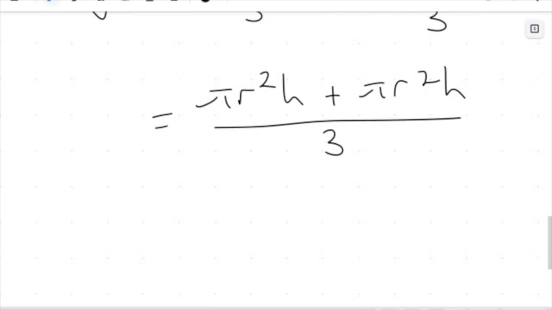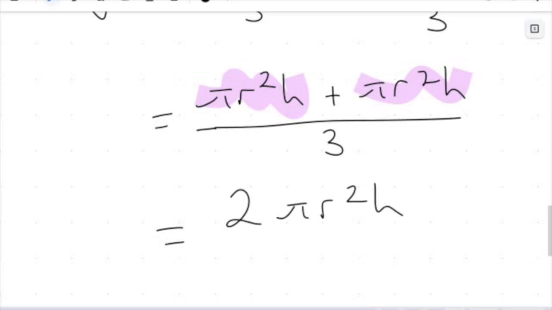But to write this in a short way, when I'm writing the same number added by itself, even if we don't know what pi r squared h is, if I add 2 of the same number, I can just write that as 2 lots of that number. So I'm going to write that as 2 pi r squared h.